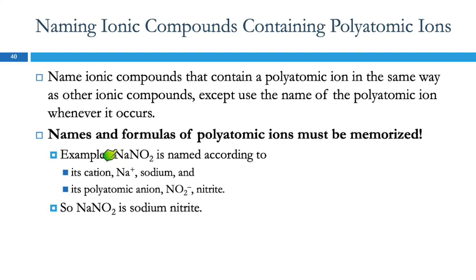So when we look at this, sodium is the metal, that is the cation. If we cross that out, everything that's left is one ion, and it has a single name. So that one is called nitrite. And so this compound then is sodium nitrite, naming the cation, naming the anion.